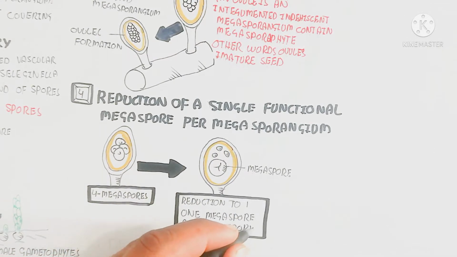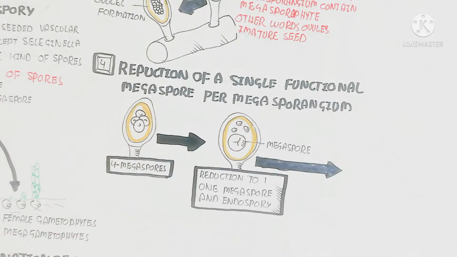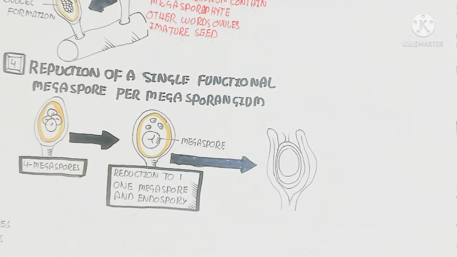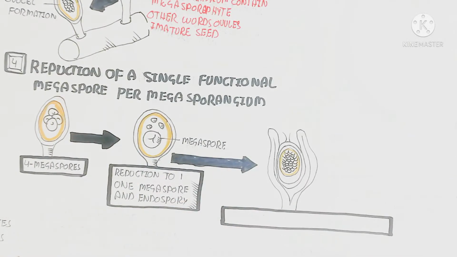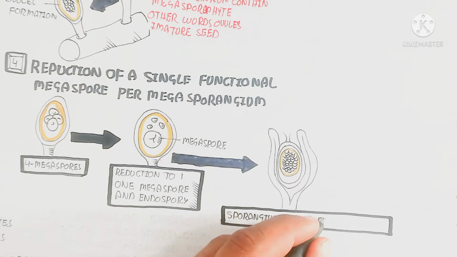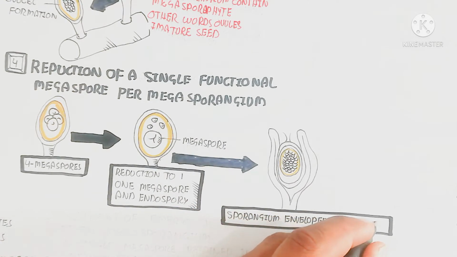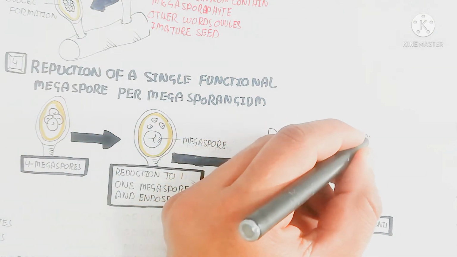Endospory means the spore is retained inside and will not burst out of the megasporangium for release. So it will develop into the female gametophyte. The nucellus is here. Integument will be produced, and the sporangium enveloped by integument will produce and germinate the megagametophyte.